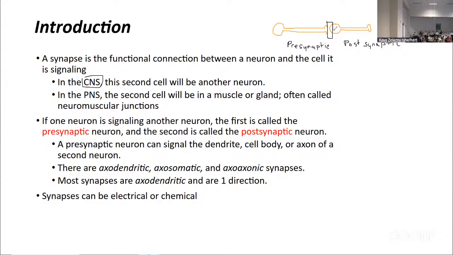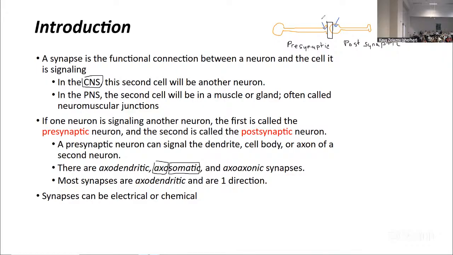Any of these connections, we would just describe based on which two parts are touching, right? So here, in this example, I've probably drawn an axosomatic connection, right? So from the axon or axon terminal, this little button onto the cell body, the soma of our postsynaptic neuron. I didn't draw any dendrites on this one, which is why it's not so dendritic.